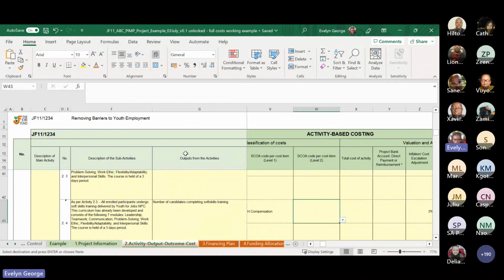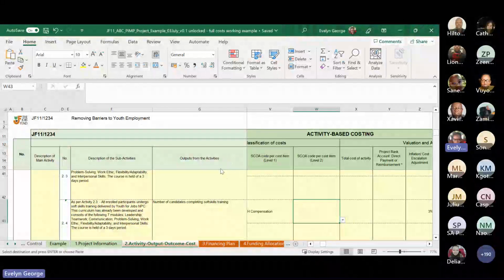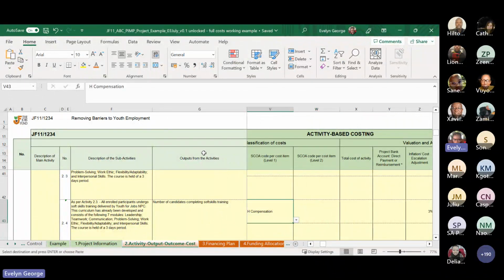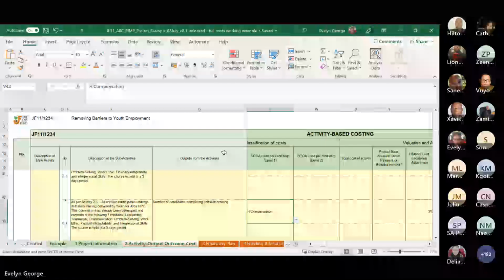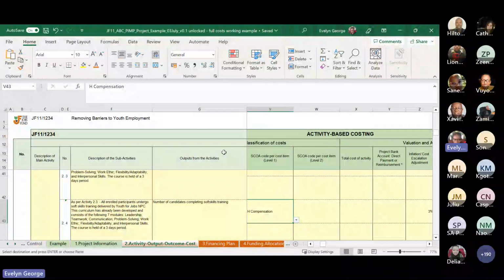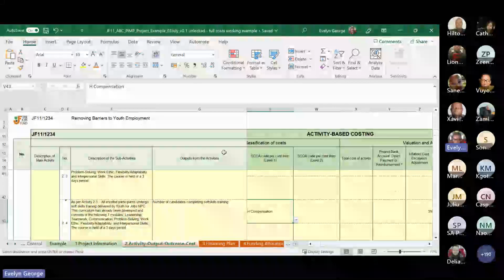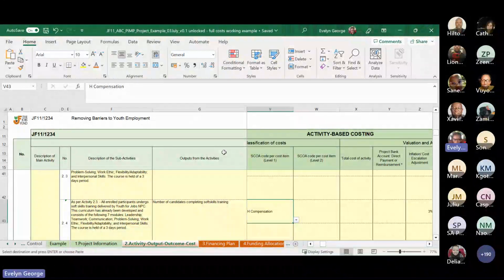And you can see once we select compensation, we don't have training sub options. What it might then do is give us the wrong impression of the project, that the project is compensation heavy. Yes, it may be, but it is an activity-based costed budget, so we want to cost the activity as opposed to, say, the role of the person.